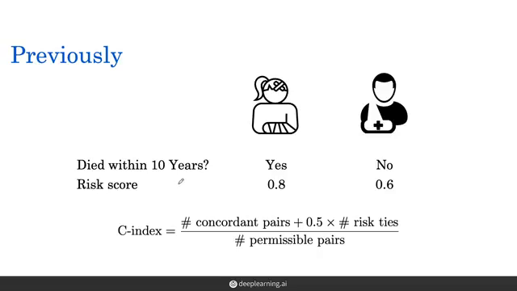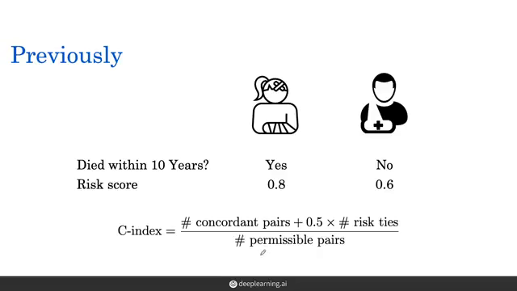And there we had this outcome of yes or no for death within 10 years, and we had a model output a risk score. And we saw the C-Index, which looked at pairwise comparisons and looked at how many of the pairs were concordant, how many of them were tied, and divided by the total number of permissible pairs in those pairwise comparisons.